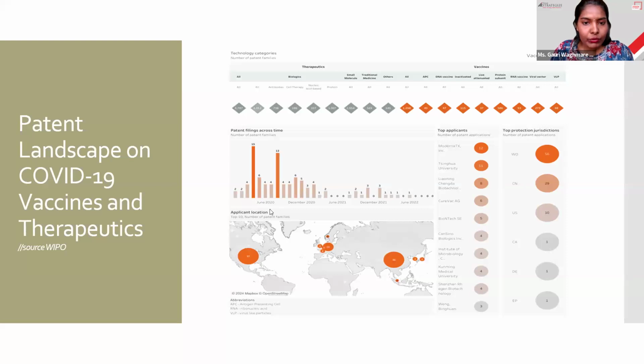In June 2020, the highest rate of filing is there. Then it declines in December 2020. In June 2021, there are zero or minimum patent filings. And after that, in December 2021, the rate slightly increased. So the potential filings are done in the USA, Mexico, China and the European Union. You can see this in the data, right?